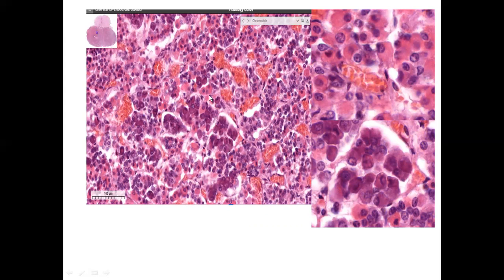You can easily see that there are three distinct cell populations: the eosinophils, with pinkish stain, and the more purplish stained basophils, and in between them there are certain cells where the nucleus is stained but the cytoplasmic content is poorly stained, so these are the chromophobes.